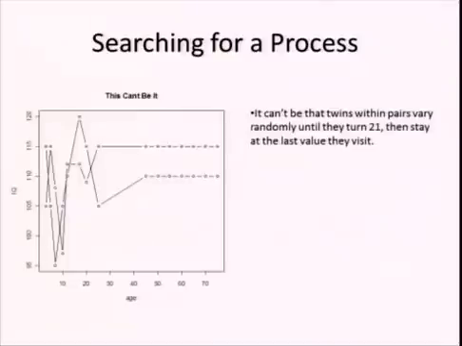And the question is, what might that process be? It's going to bring me back to Lindon's paper. It can't simply be that within pairs they vary randomly, switch back and forth until they turn 21, then stay permanently at the value they reach at 21 for the rest of their lives. Some kind of individual level process has to lead to the stabilization over time.